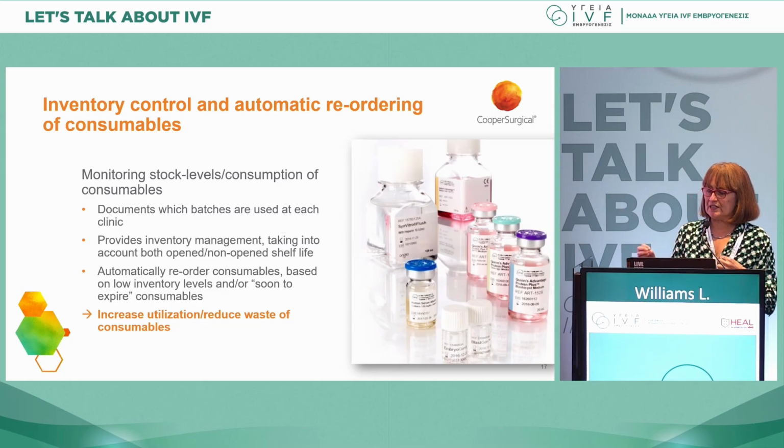Having the facility to order your stock when things are low, or having tighter management, allowing a reduction in wastage, is an ambition that we have, so that you've got efficient use of your consumables. We already have warnings if, for example, a batch of media is coming up to its expiration date, so the system can warn you when that happens, so you make sure that you use it and don't have to put it in the bin.